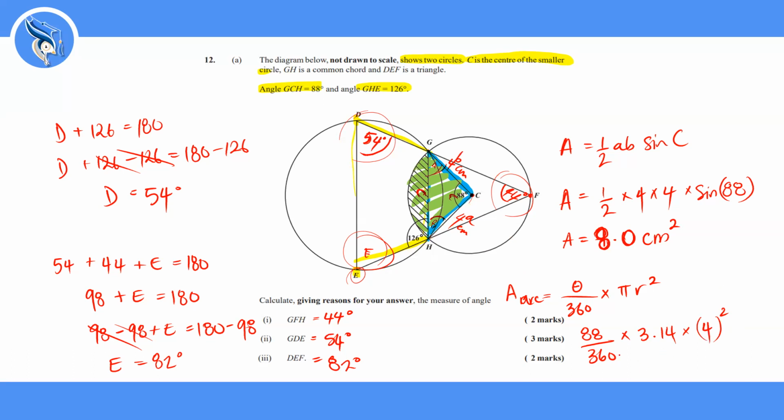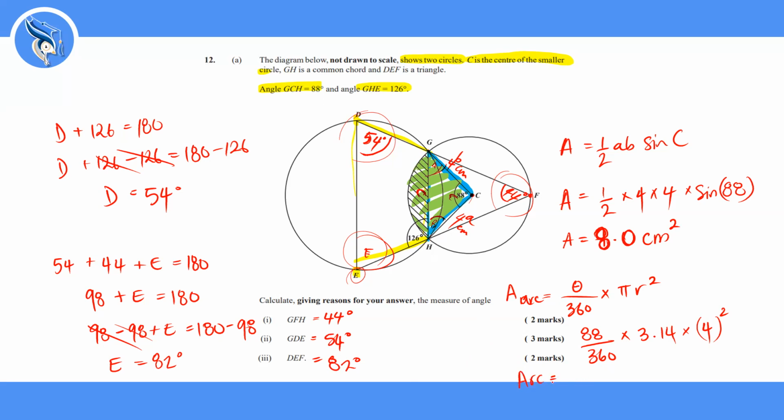So put that into your calculator. So 88 over 360. Can put it as a fraction, or in brackets put 88 divided by 360 and close your bracket, okay? Times 3.14 multiplied by, either you put 16 or 4 squared. Depends on how well you can use your calculator. But in the end, 12 should be your answer.